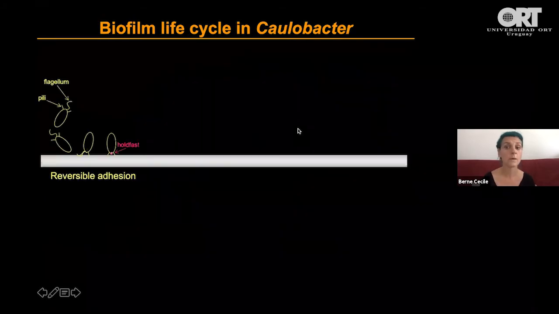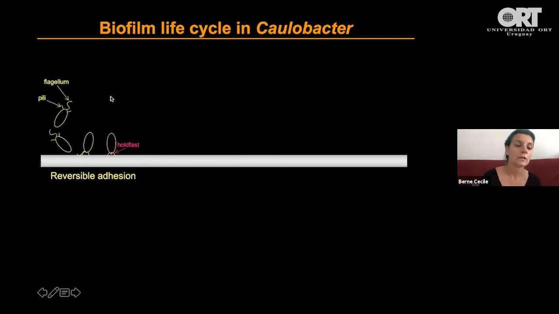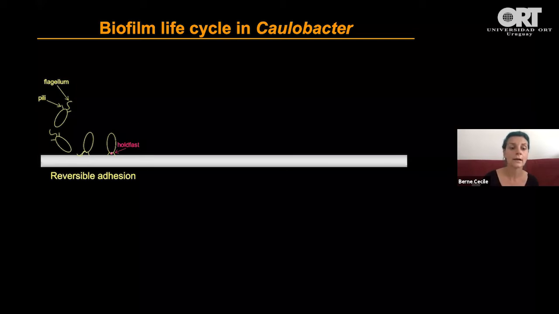So the bacterium I'm working on, named Caulobacter, makes biofilm differently. Caulobacter starts its life as a single swarmer cell. It's motile, it's got a flagellum and pili. And when it hits a surface, this will trigger some physiological change. The first contact with the surface will trigger the formation of the holdfast.